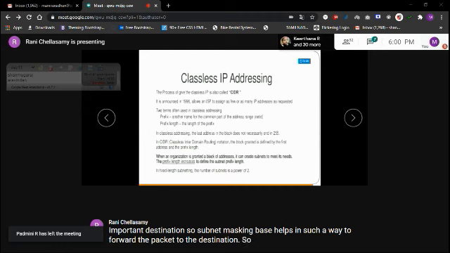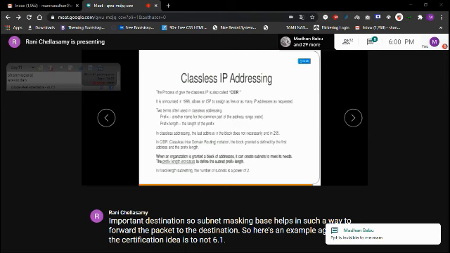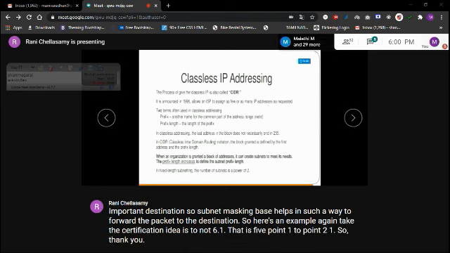For an example, I can take this destination IP address, 206.175.162.21. From the first octet, 206, we can clearly identify which class it belongs to.